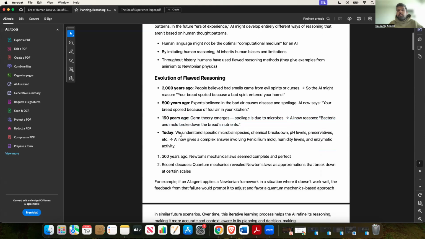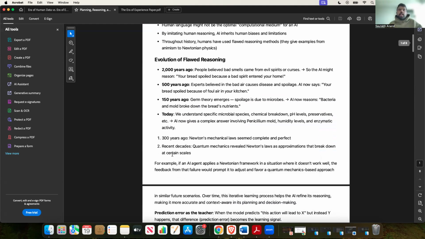And today we understand specific microbial species, chemical breakdown, and pH levels, and on that basis the AI gives a highly detailed answer involving penicillium mold as to why the molding happened in your food. But this is not consistent. The AI might spit out these inherent biases in its thinking process, and that can lead to wrong outputs as well.